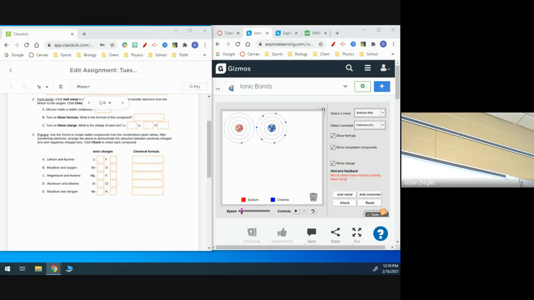It says that the protons have to equal your electrons, whatever you count for your electrons.